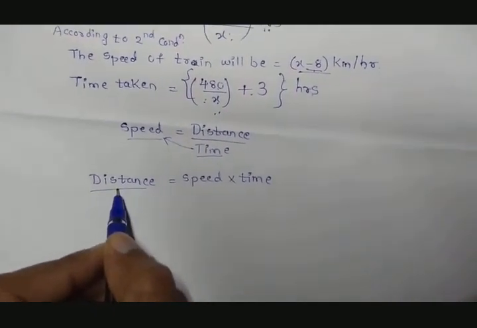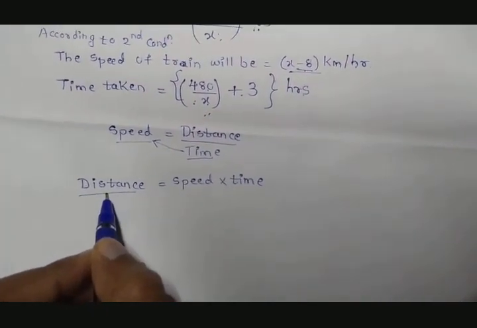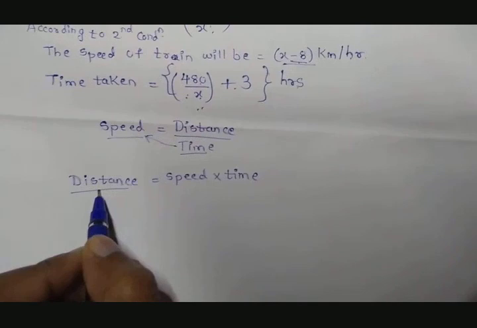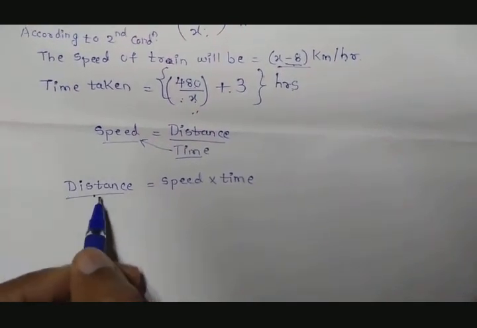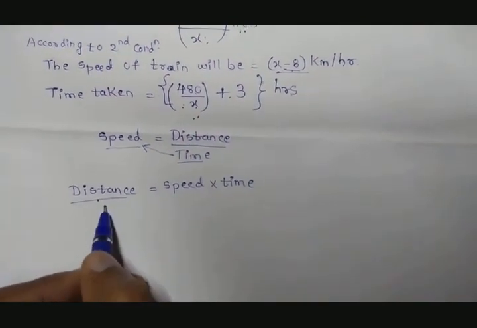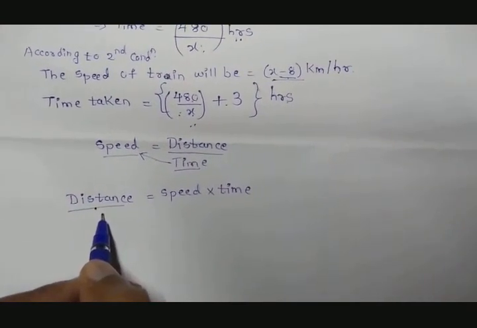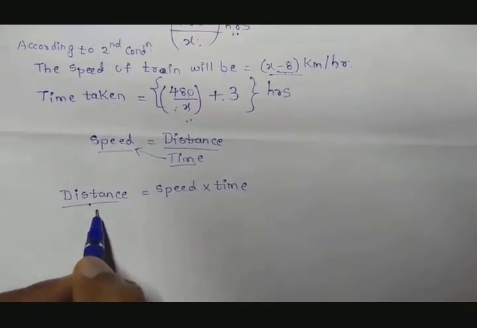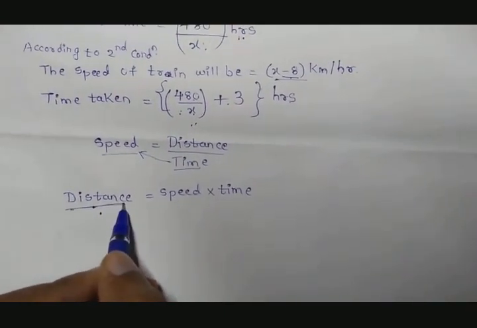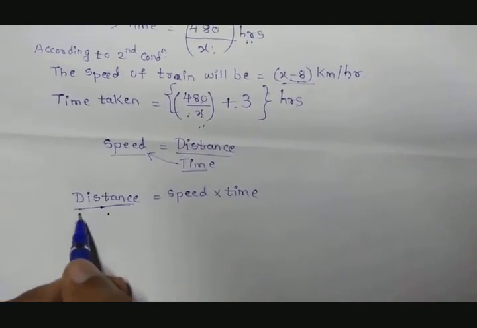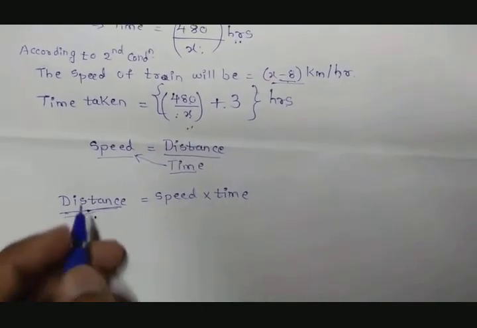Distance is what we know exactly, that is the total distance covered is 480 kilometers. We definitely know the train has covered 480 kilometers, and that is why in any question, if we are given a definite quantity, we will write an equation for the definite quantity. So distance is equal to speed into time.